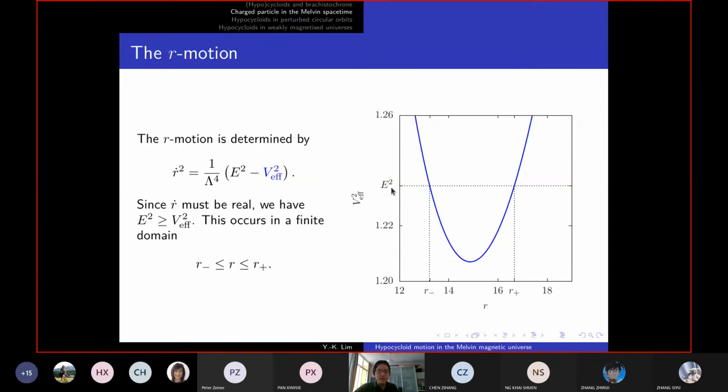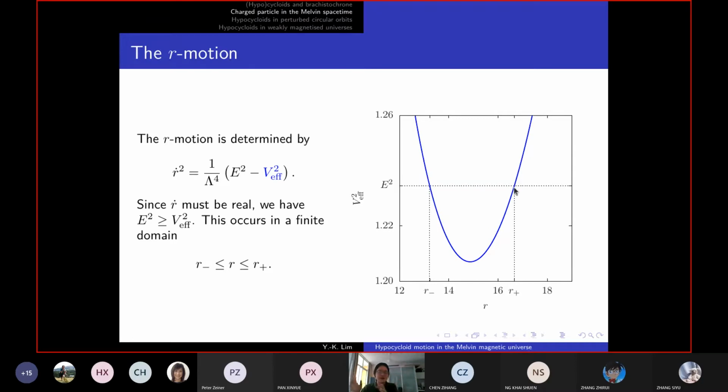If I have an E, whatever constant number it is, then the potential energy must be smaller. So in this domain between R minus and R plus, this is where I can get a real number for velocity. In particular, when the particle is at R minus, the minimum distance from the center, R dot becomes 0 because these two are equal. Then when I come in here, R dot is the highest, and then I come back here, R dot is 0 again.